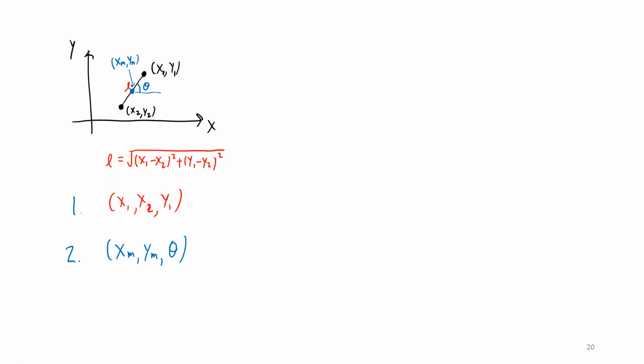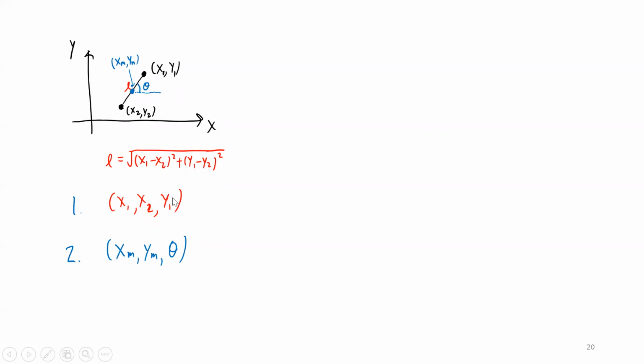Here you can also get a feeling for how many generalized coordinates we need to describe the system. If I have one particle, two numbers. Two particles, four numbers.